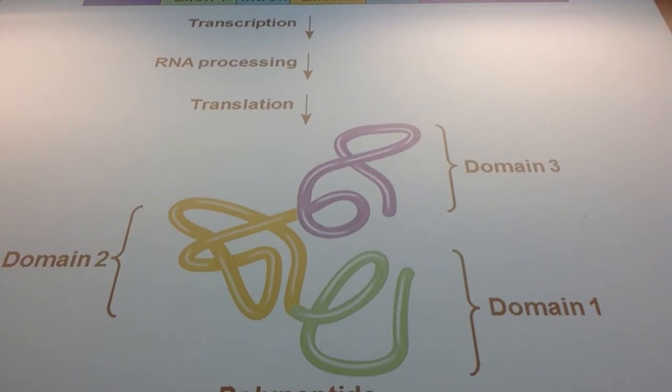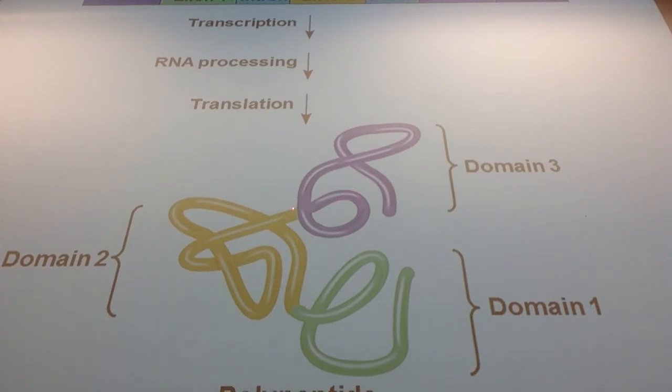So what I just said about domains, right? Domains 1, 2, 3 form the protein; one might be the binding domain, another the catalytic domain. Let's say with alternative RNA splicing you remove domain 3, then you don't have a binding domain, you just have a catalytic domain. So what does that mean?